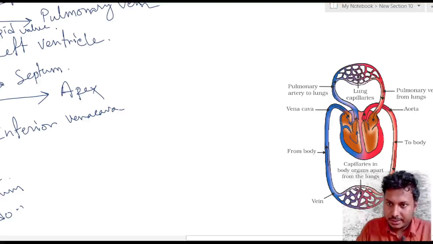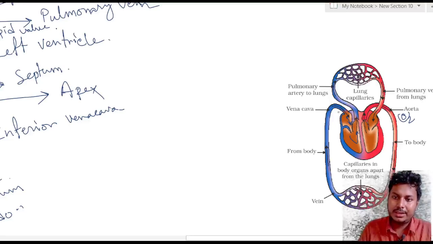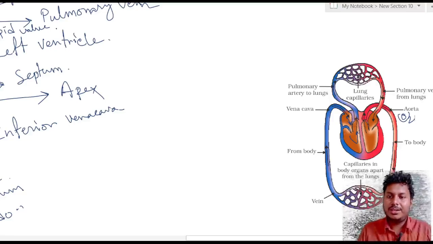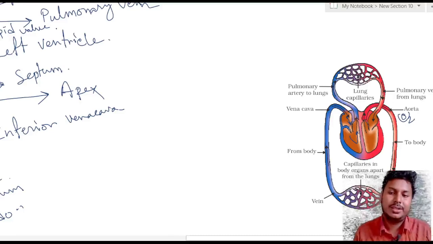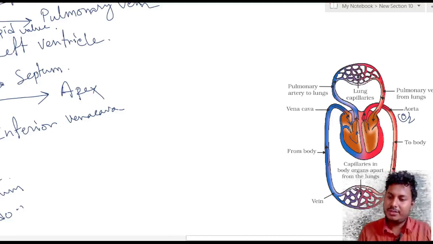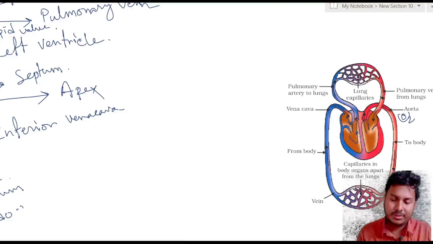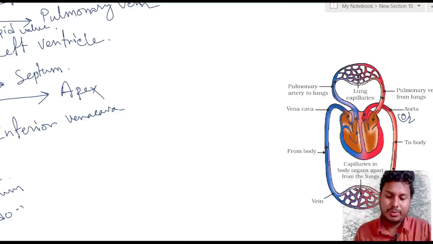And then it is oxygenated blood. The oxygenated blood goes to the aorta and to our body, and then other parts of the body get it deoxygenated, and this circular motion keeps occurring. So this is the process by which blood transports nutrition and other materials through our body. So hope you have understood.